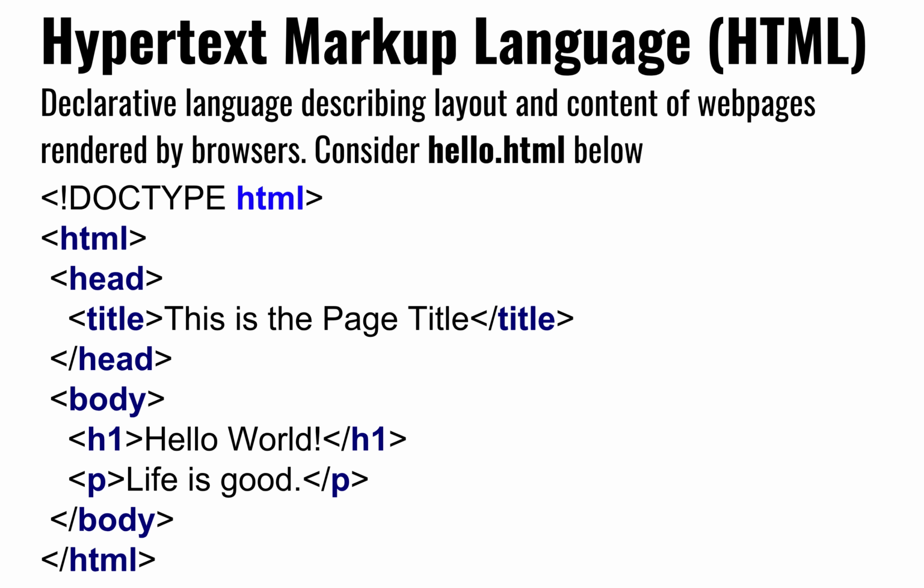Okay, so here's a very simple web page. Notice that there's a structure that all HTML documents have: an opening and closing HTML tag that has two distinct sections, the head section and the body section.